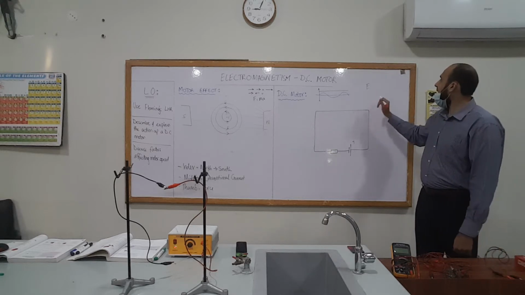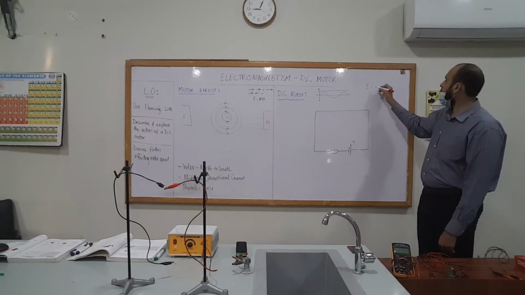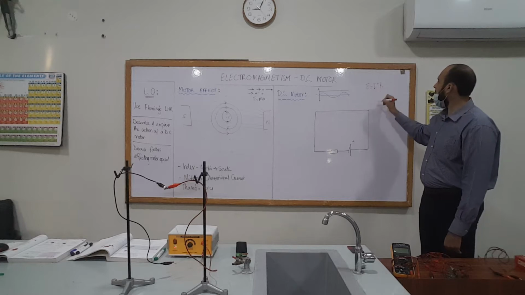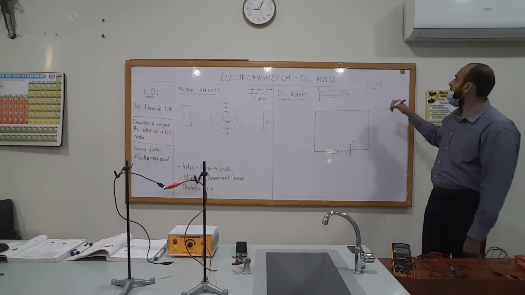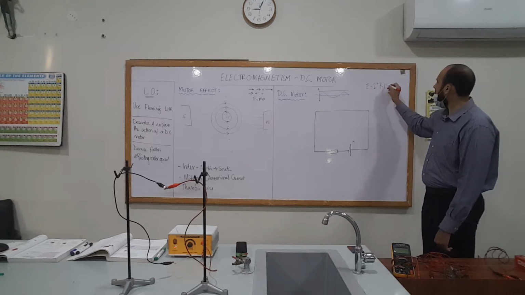So we said that the energy loss as heat is equal to the current squared times the resistance of your conductor, in this case a wire, times the time.